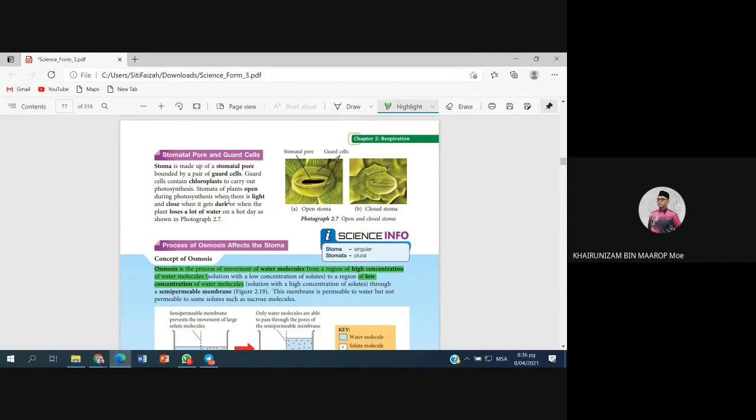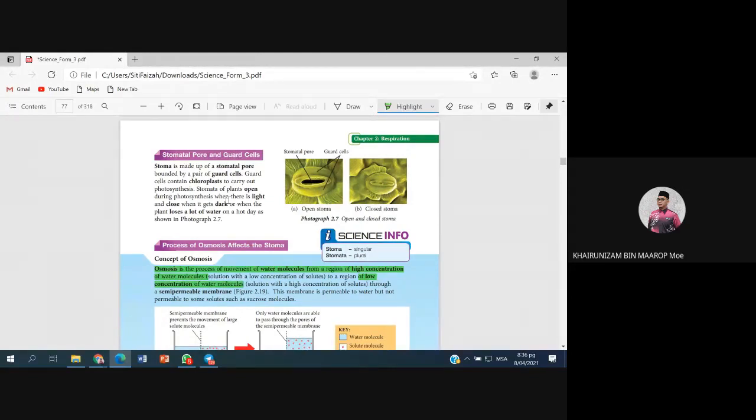So during the night, the gut cell do not carry out photosynthesis. The content of glucose and water in the gut cells decreases. Apabila dia tidak melakukan proses photosynthesis, dia tidak mengeluarkan atau produce glucose.